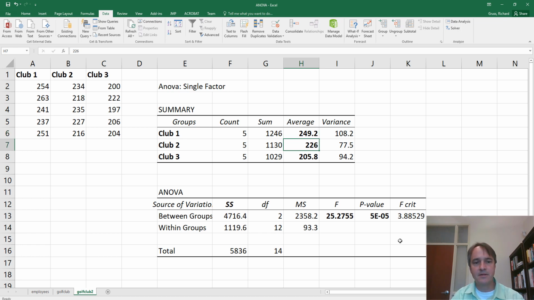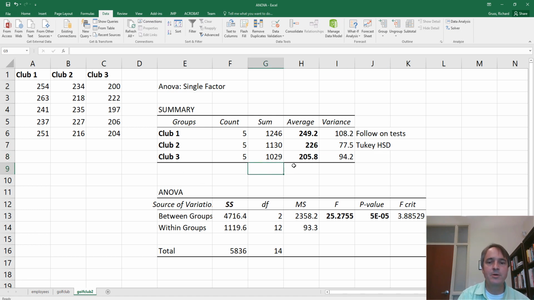We don't know whether these two are the same and this one is significantly different, or whether this one is significantly different and these two are the same, or if all three are significantly different. What we have to do then are a set of follow-on tests, which have fancy names like Tukey's HSD, and there's a bunch of other ones. But for our purposes here, we've been able to conclude that they aren't all the same, and that's what the Anova gives us.